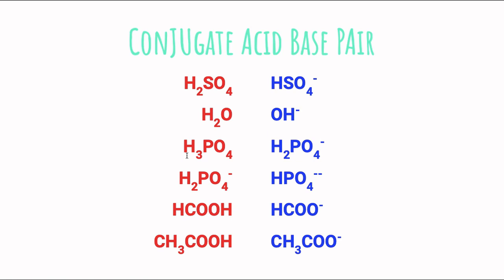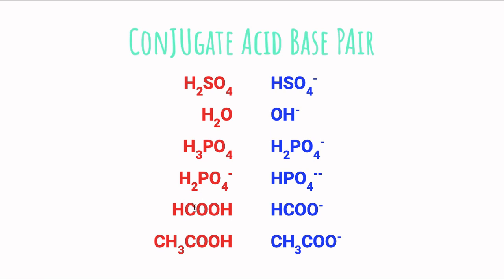So H3PO4 is the conjugate acid of H2PO4 minus and H2PO4 minus is the conjugate base of H3PO4. Like this, H2PO4 minus by donating 1 proton gets converted into HPO4 minus minus. HPO4 minus minus by accepting 1 proton gets converted into H2PO4 minus.